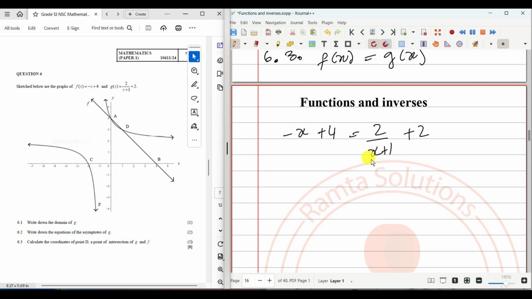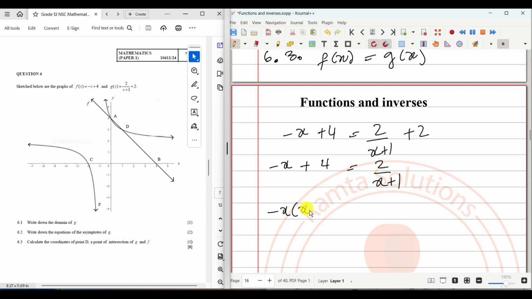Multiply throughout by x plus 1. As you can see, it's the denominator. We will have, if you like, negative x into x plus 1. Let me simplify this first: plus 4 equals 2 over x plus 1. Now multiply throughout by the x plus 1.